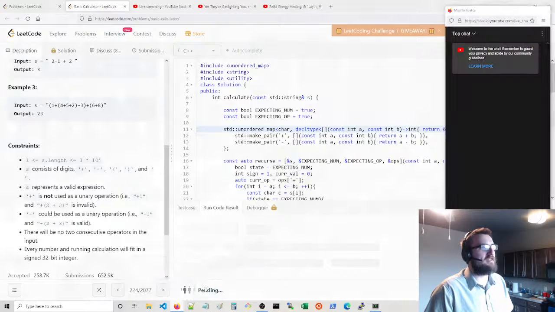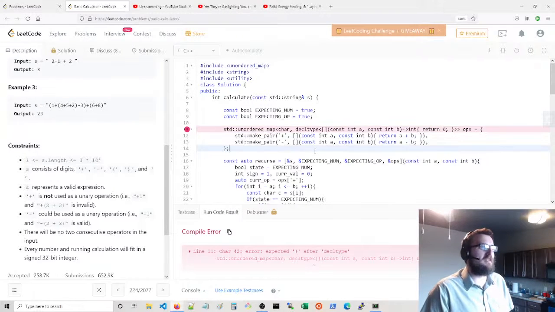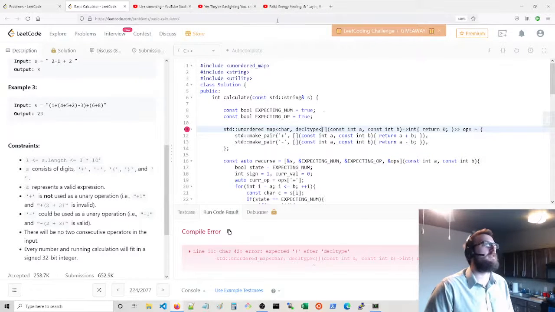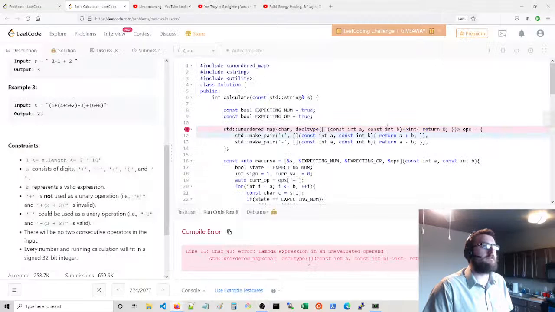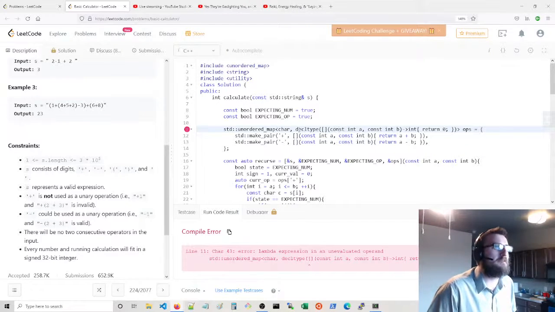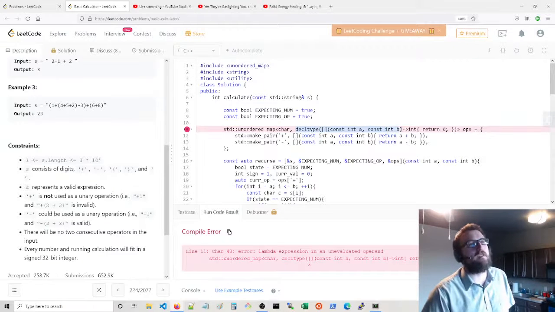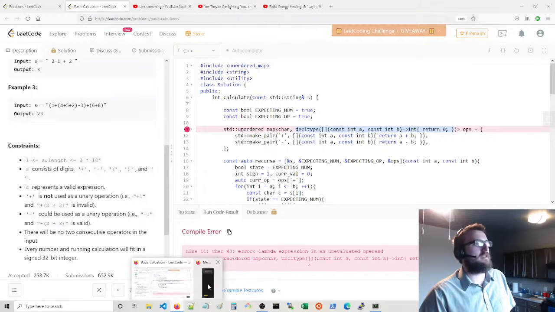Give that a shot. Expected after decltype. Oh, I see. Does that work? Unevaluated operand. Yeah, okay, so you can't use lambdas. That's kind of weird. Huh. I don't like that. That's kind of annoying.